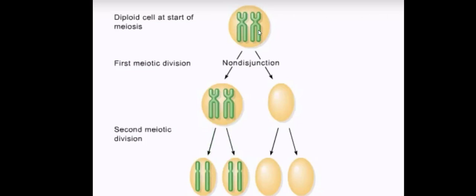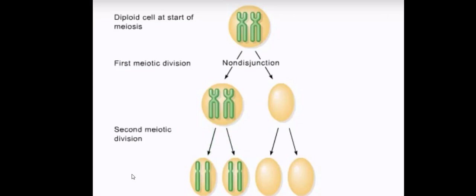For example, this chromosome is the 21st chromosome. This cell does not contain any copy of the 21st chromosome. This cell contains two copies of the 21st chromosome. Then 4 abnormal haploid cells are produced: 2 of them contain no copy of the 21st chromosome, and the other 2 contain an extra copy.